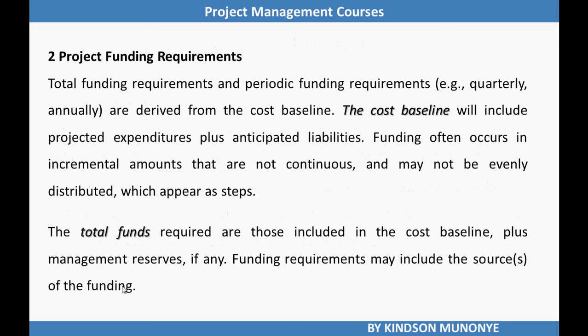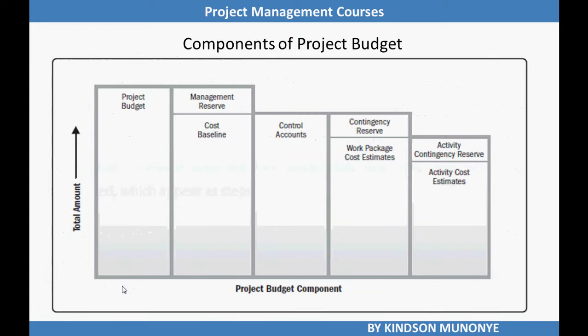Funding often occurs in incremental amounts that are not continuous and may not be evenly distributed, which appears as steps. The total funds required are those included in the cost baseline, plus management reserves if any. Funding requirements may include the sources of the funding.